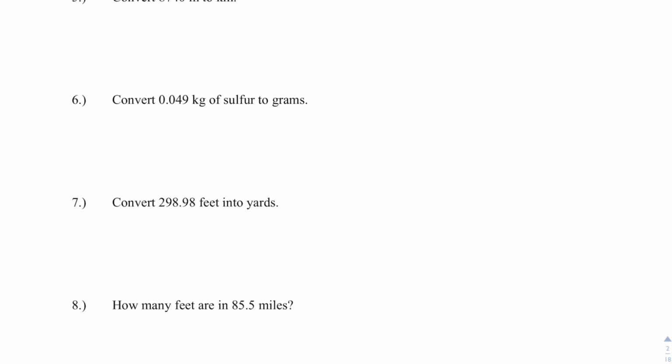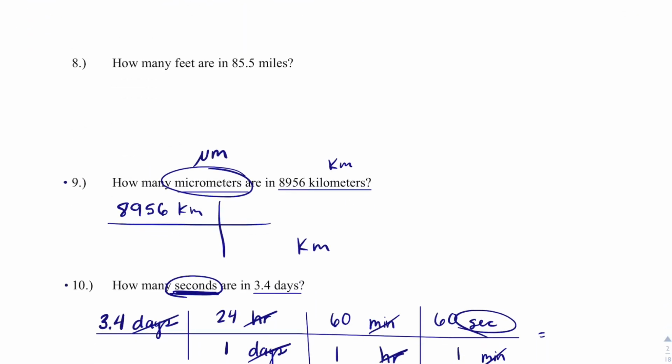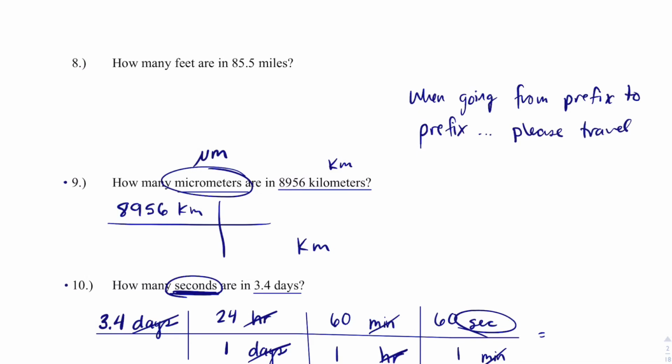And here's what I'd like you to do. You don't have to do it this way, but I've pasted my metric prefixes above it, and on yours you should be able to see this. It says if you're going from prefix to prefix, please travel through the base unit.